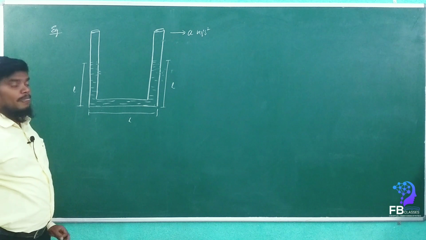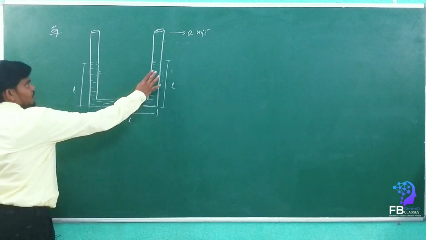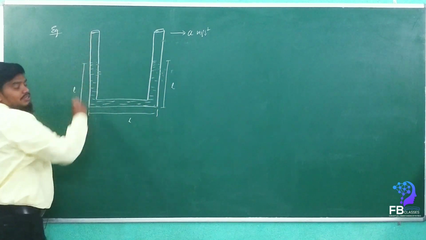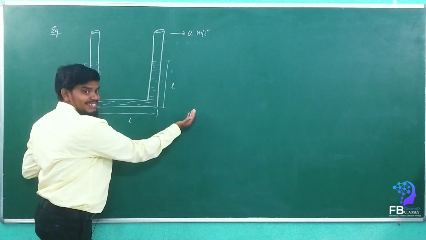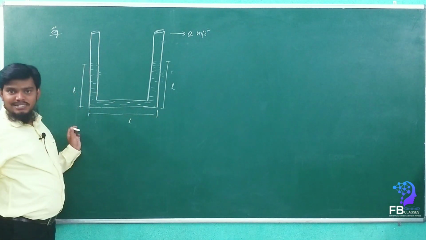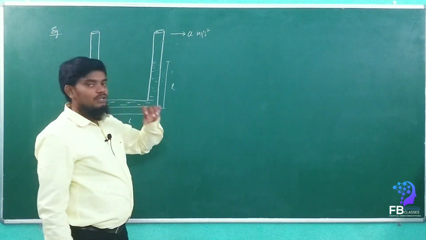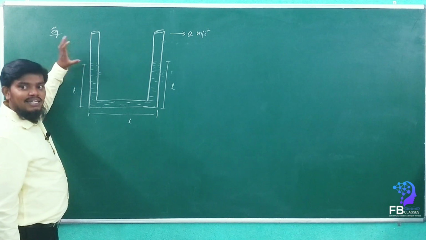Now what will happen? Once it is moving with a meter per second square, what will happen? The water in the left column, the height increases, and in the right column it decreases. Yes or no? Yes, sir. Yes. So now we have to find out how much height is increased. How much height is increased in the left column? That is the question.